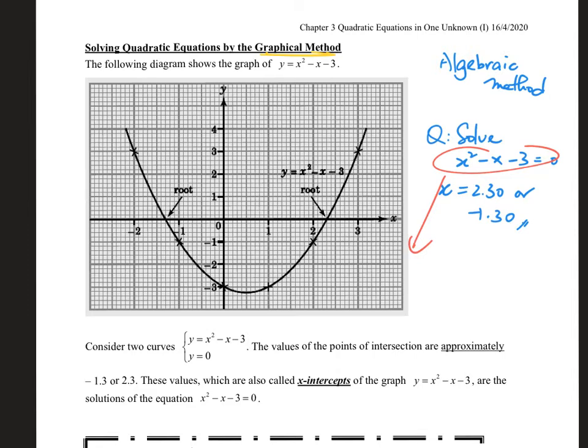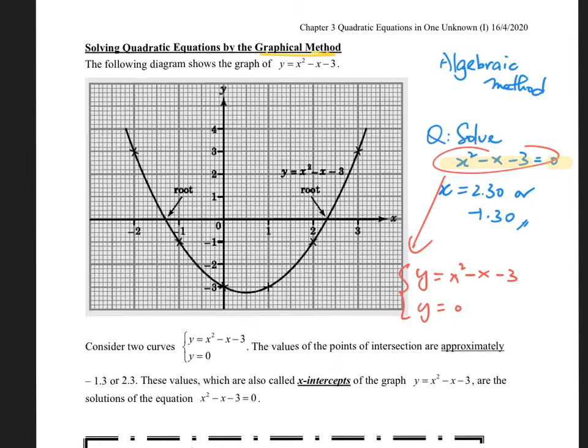Normally it is separated into the left-hand side and the right-hand side, so each of them is a graph. One is y equals x squared minus x minus 3, and the other one is y equals 0. If you can draw these two graphs and find the point of intersection, that is where the answer lies.